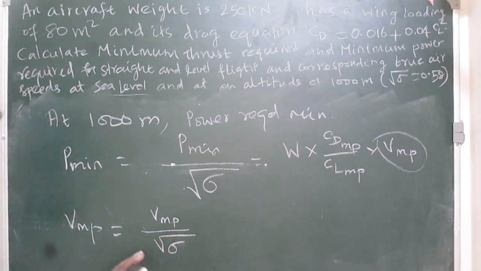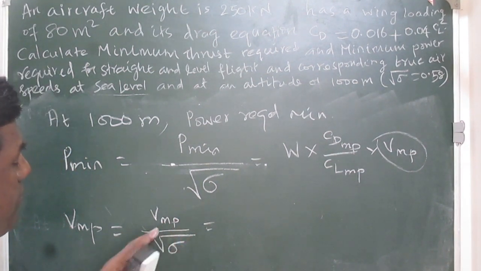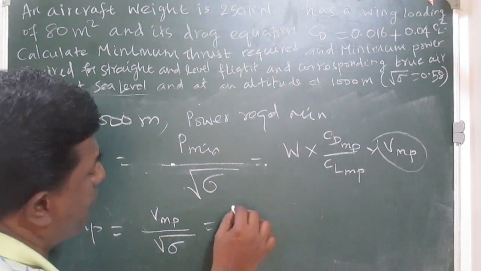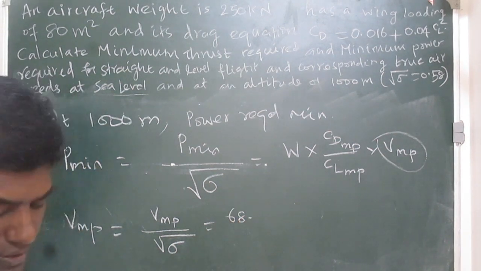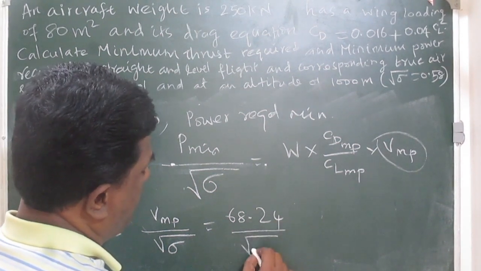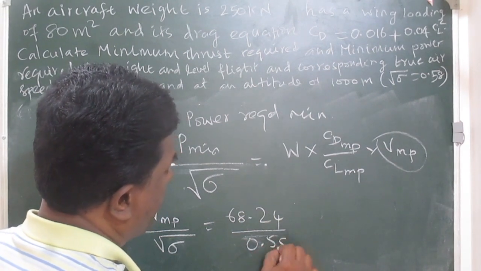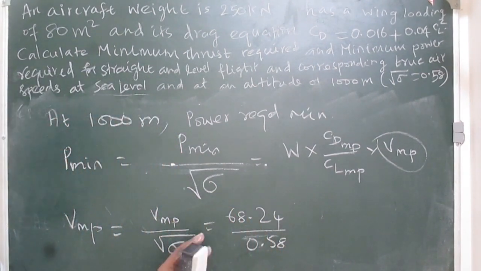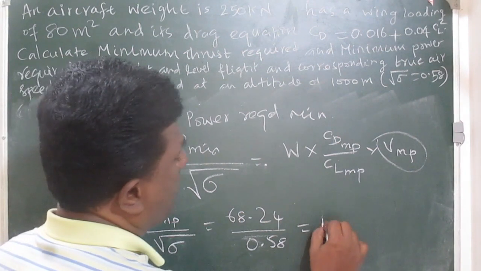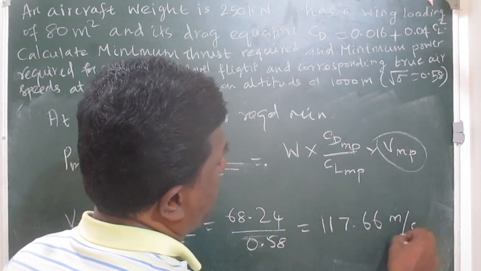The velocity minimum power at sea level is 68.224, and root sigma is 0.58, so this value comes around 117.66 meter per second.